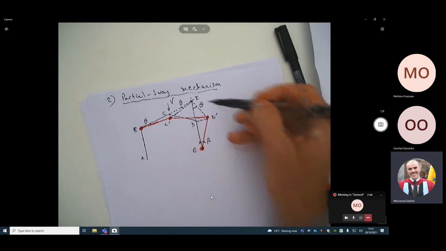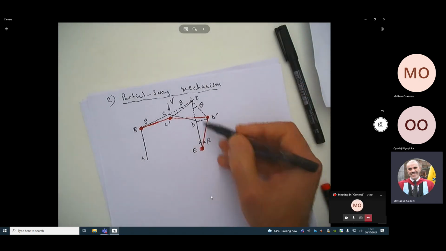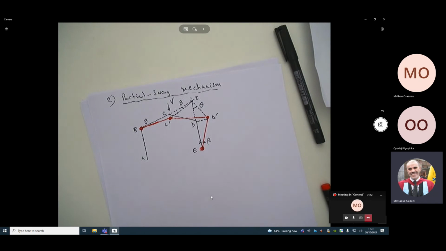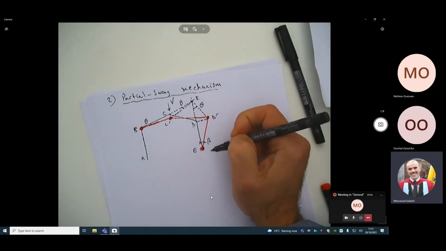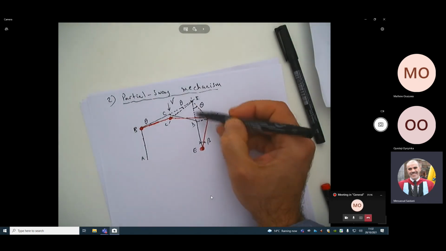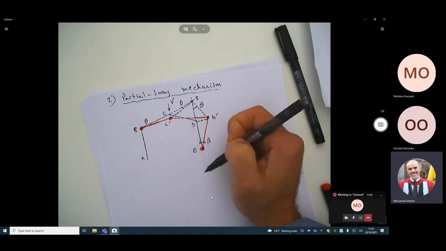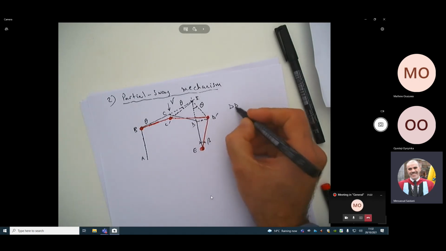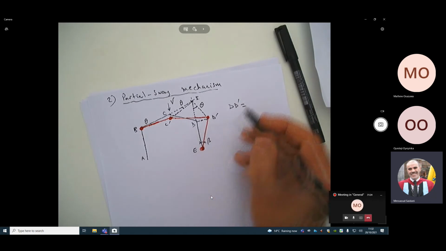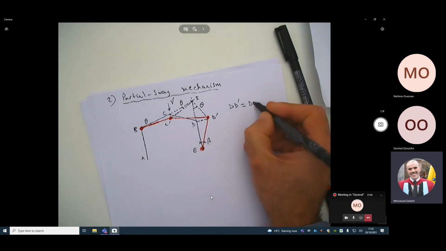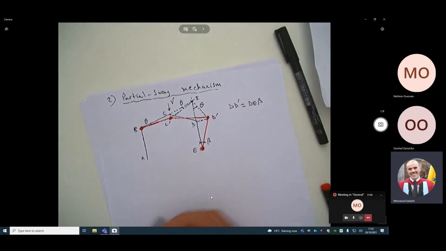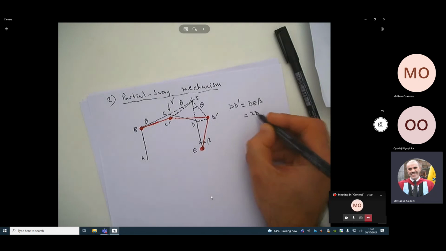Now we need to find the relationship between theta and beta. We need to know the length ID, because DD dash is equal to DE beta, and it's also equal to ID theta.